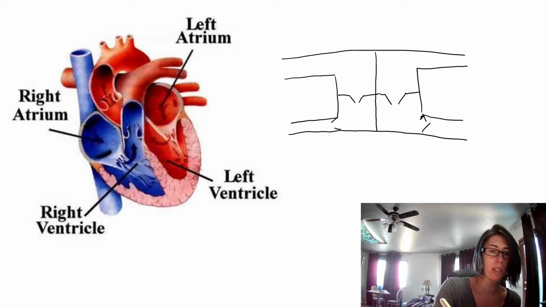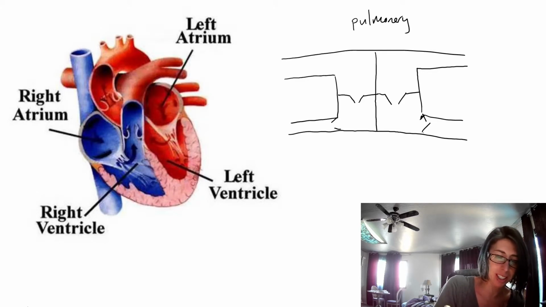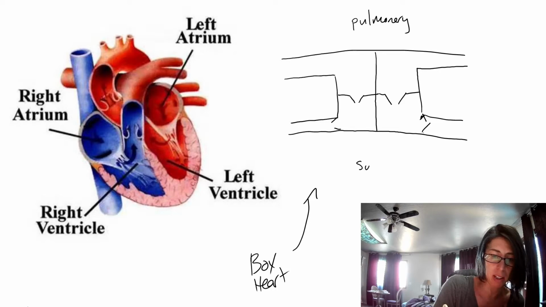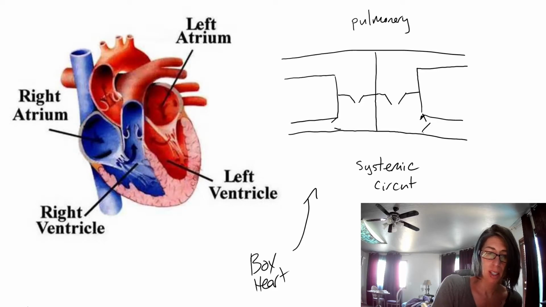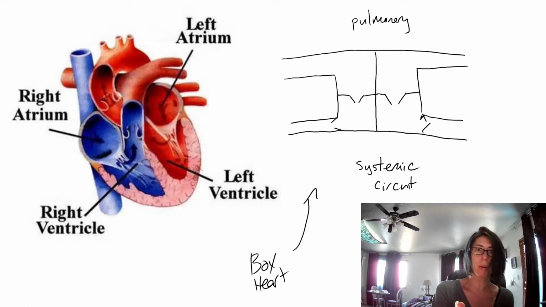All right, so we'll say pulmonary circuit is up here. This is obviously an oversimplification. This is a box heart, and you could just use it for studying purposes. So pulmonary circuit and systemic circuit. Remember the right side of the heart is always deoxygenated blood.